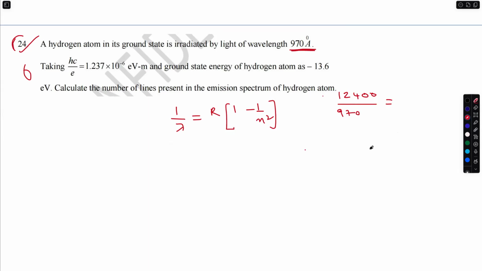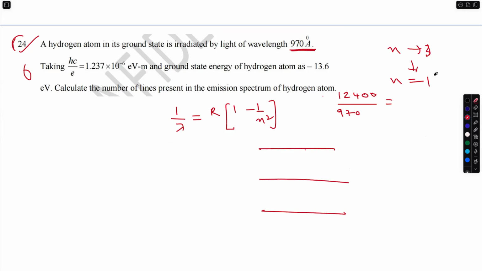If it is 12.09 plus, then clearly nearly 12.8. So it corresponds to n equals 3 to n equals 1 transition. So this involves how many lines? Just please cross check.